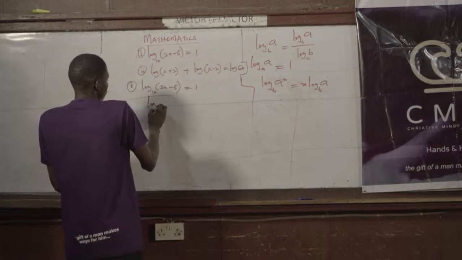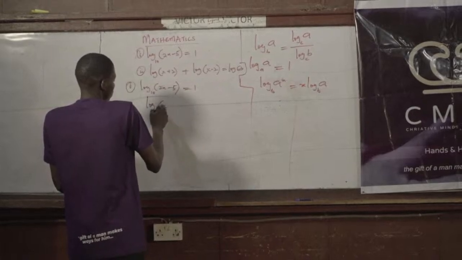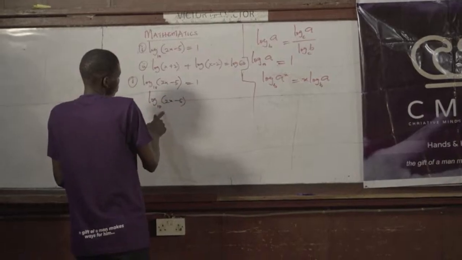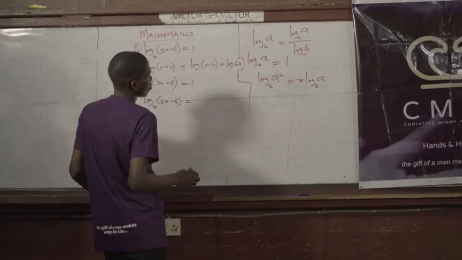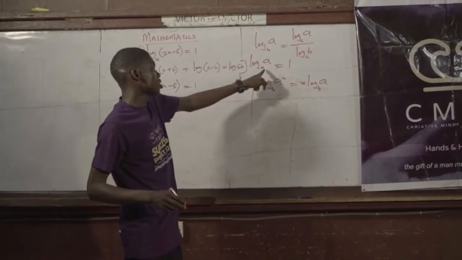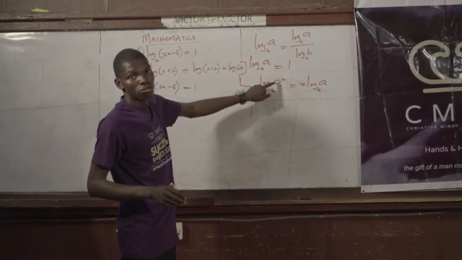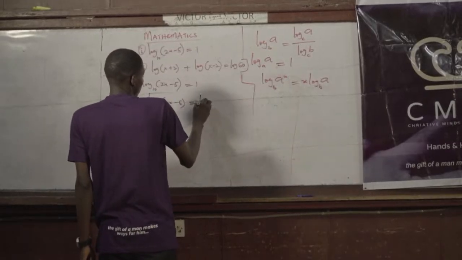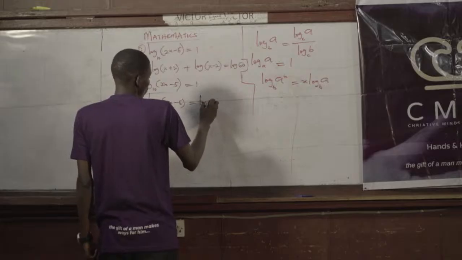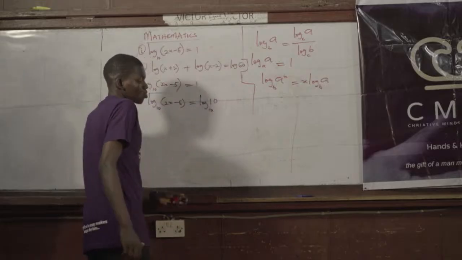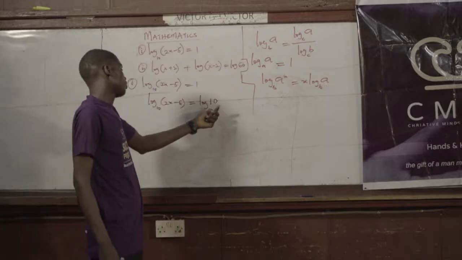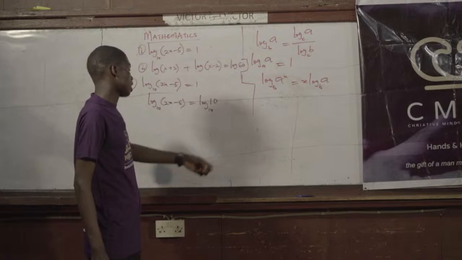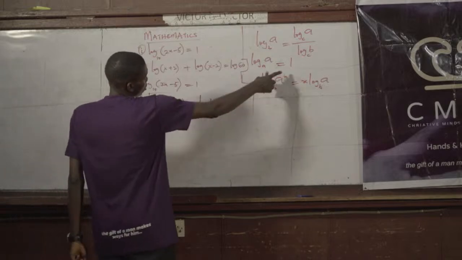We can do that by writing log of 2x minus 5 base 10 is equal to, with the same rules, log of 10 base 10. If your logarithm has the same base and the same function inside it, it simply returns 1.